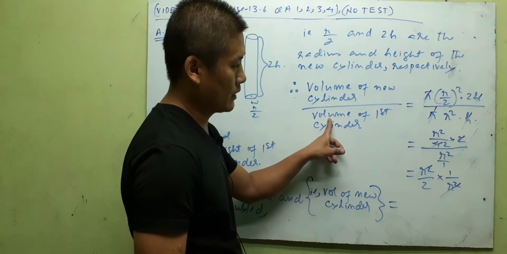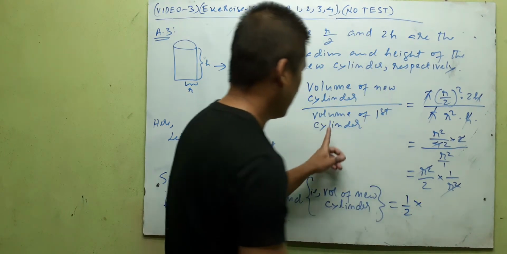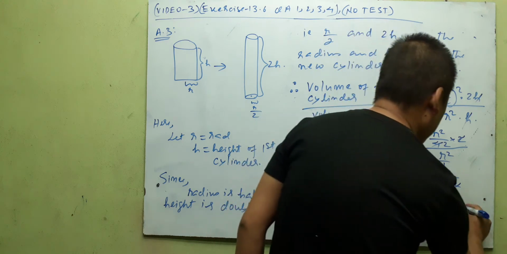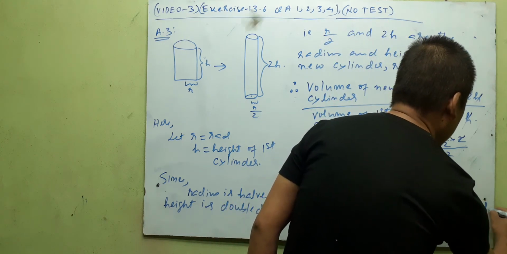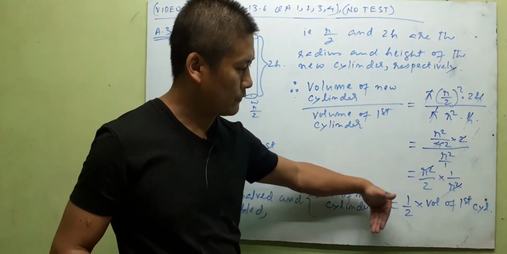If you shift this, it will go and multiply this half, so half, and then it will go up into the volume of the first cylinder. See, so the volume of the new cylinder has become half of the first.